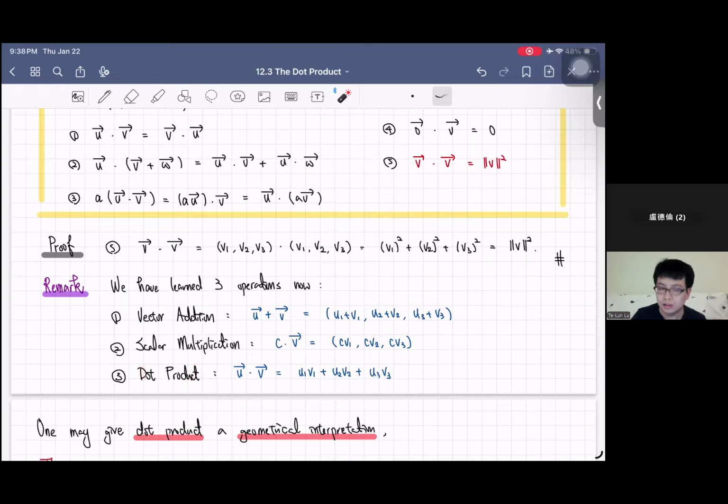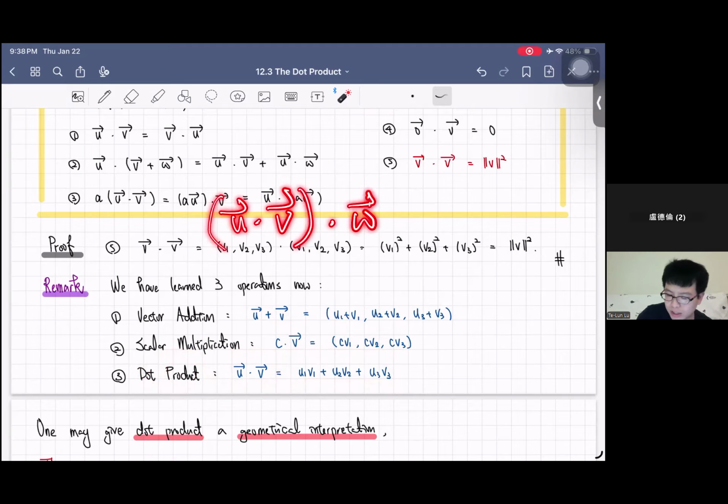Last, we learned the dot product today. This is an operation between 2 vectors. You're trying to multiply 2 vectors in some sense, and the outcome will be a scalar. It's not a vector, okay? After doing a dot product, we get a scalar. So for instance, this does not make sense.